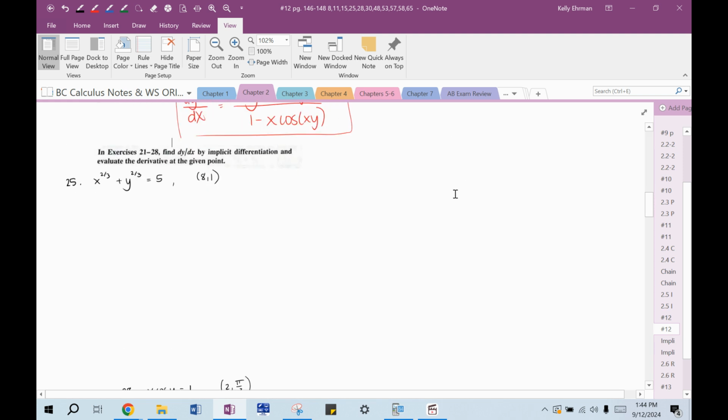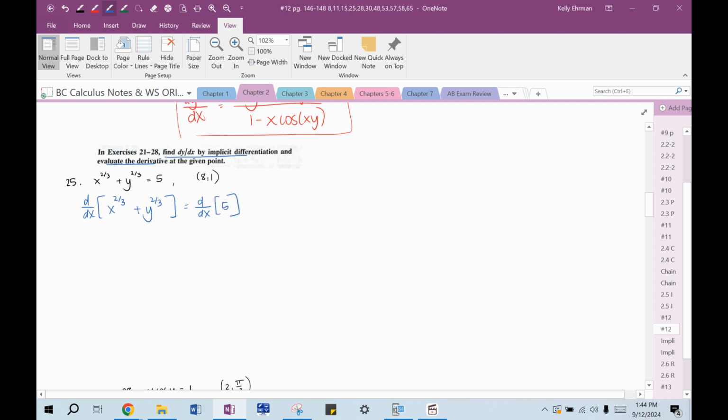Okay, number 25, find dy dx by implicit differentiation and evaluate the derivative at this point. All right, so again, we're going to differentiate both sides with respect to x. Any variable that's not an x will get a dy dx multiplied to it.